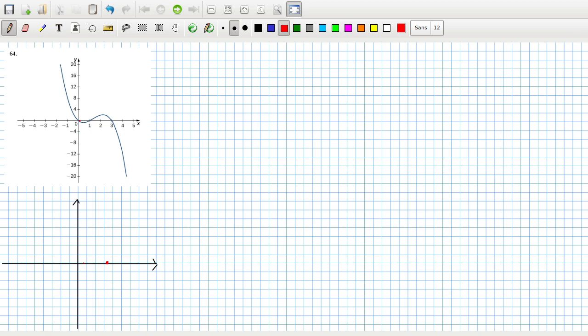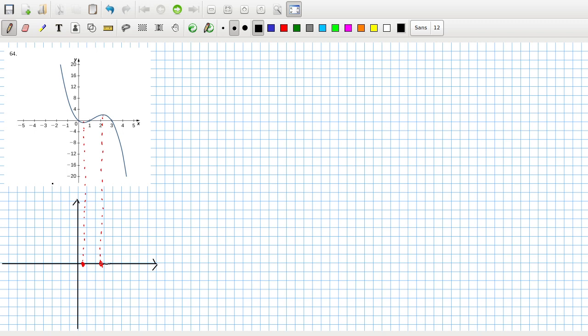Then it's 0 here, just 0 there. Okay, we'll just clean that up a little bit, make it a little bit more accurate. So at those points, negative slope, 0, positive slope, 0, negative slope.